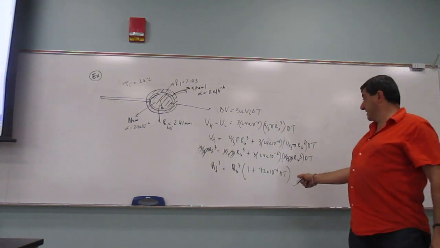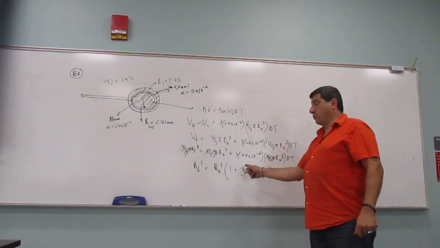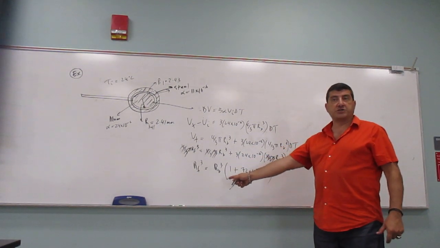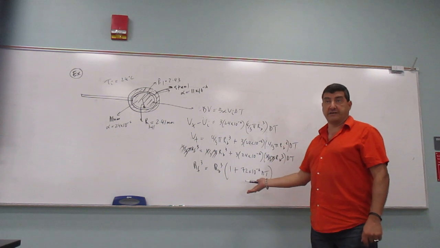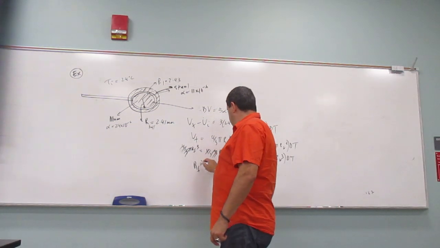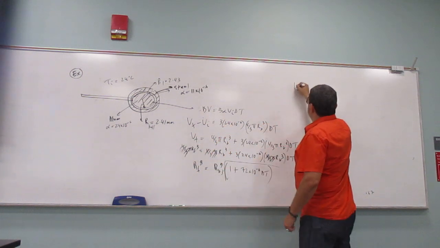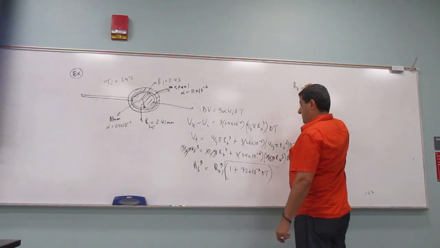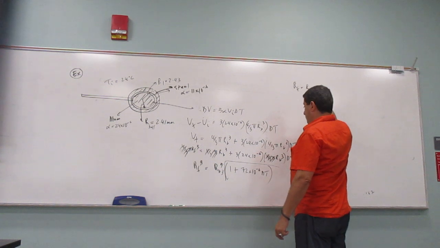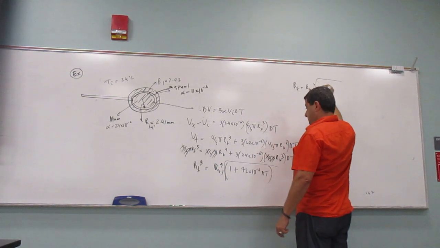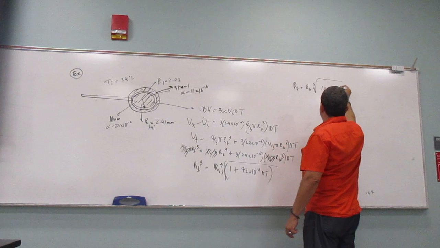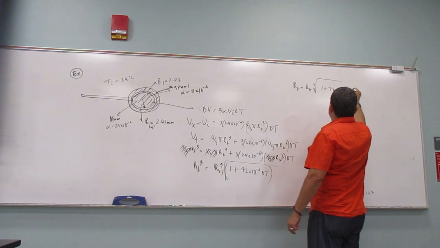So depending on delta T, that will be a general equation that tells me the final radius of the ball. Cube root this, so r final is going to be r ball times the cube root of 1 plus 72 times 10 to the minus 6 delta T.